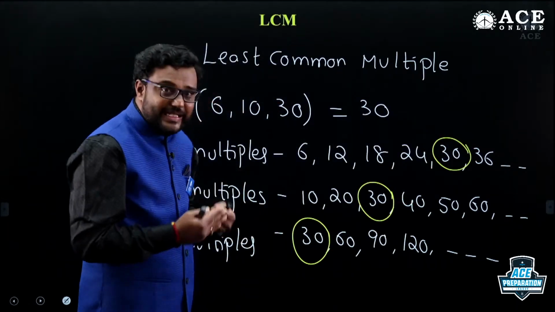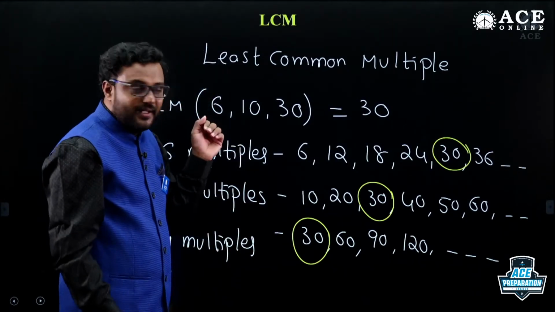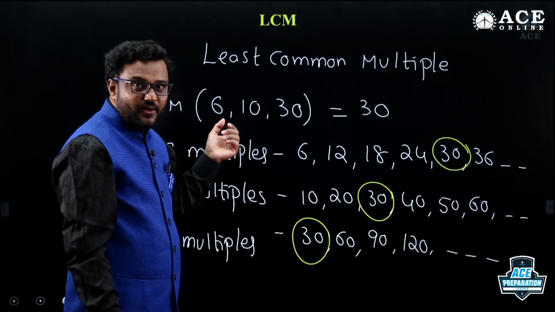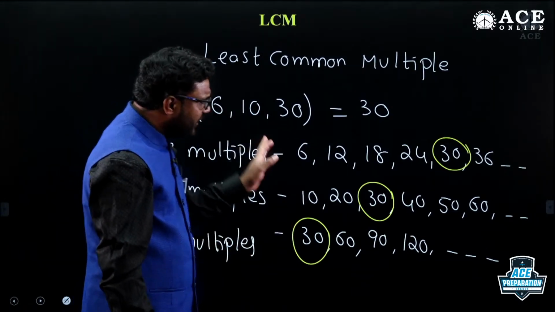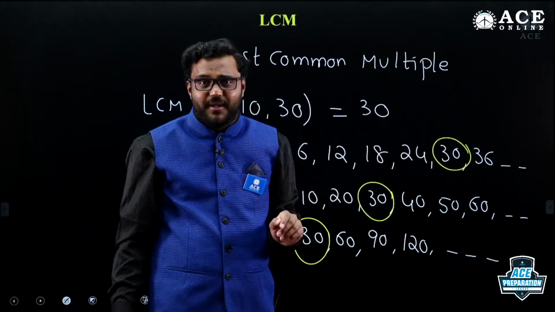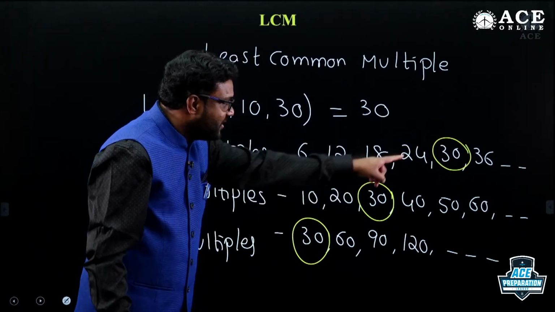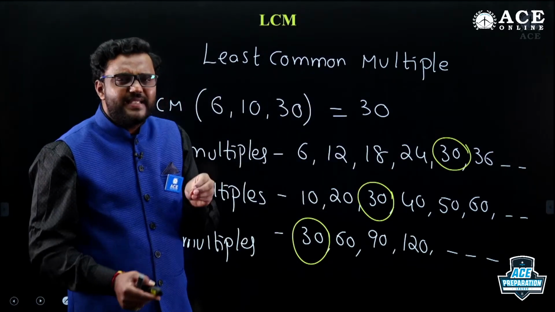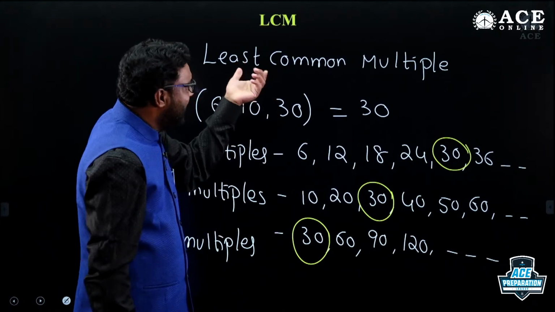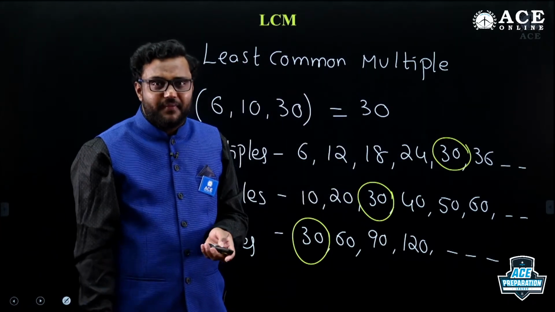But we want the least common multiple of these three. 30, 60, 90 are the common multiples. The least one we have to note down. The least common multiple in all this is nothing but 30. This is the basic way, and that is the justification for the name least common multiple.